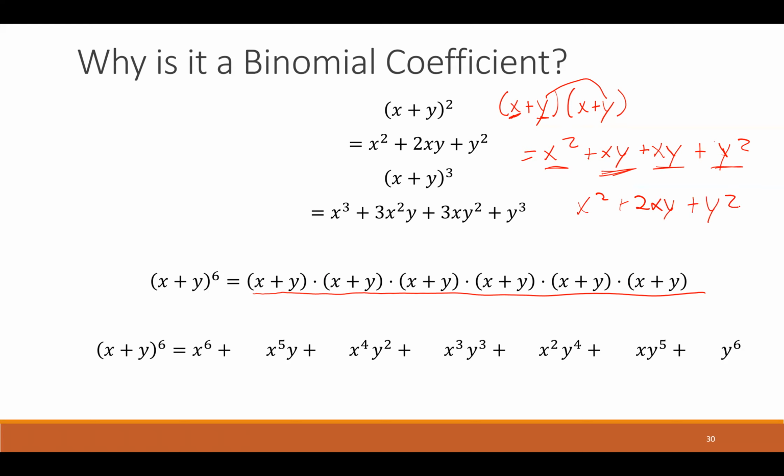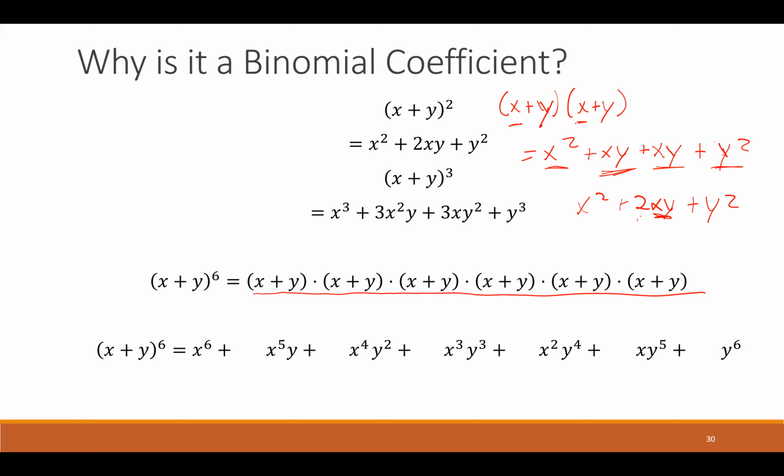The easy way is to say that if I have xy, then the coefficient is the number of ways that I can choose an x and choose a y. And it just so happens that's 2, right? I can either choose my x from here, or I can choose my x from here.